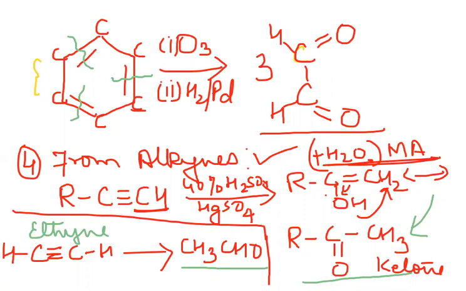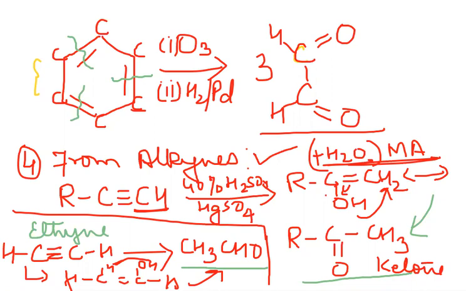In this case, Markovnikov's addition does not have any importance, because it's a symmetrical alkyne, and any one of the carbons is going to take the H. So the intermediate compound is going to be H, then a C, then an H, double bond, then you have an OH and an H, and then this H is going to get transferred this side, and this compound will be obtained.